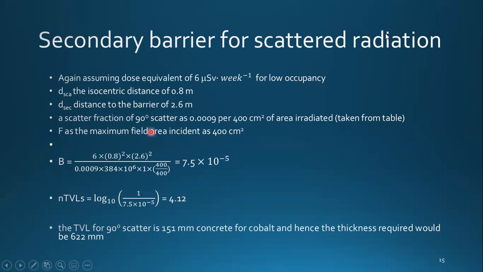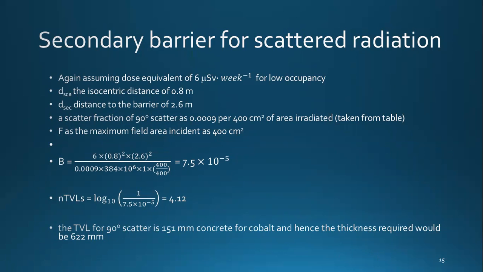A scatter fraction for 90-degree scatter is taken as 0.0009 per 400 centimeter square of area irradiated. This is from the table. F is the maximum field area incident, which is 400 centimeter square. If you remember, we discussed this in lecture 4 as 20 by 20 centimeter square.